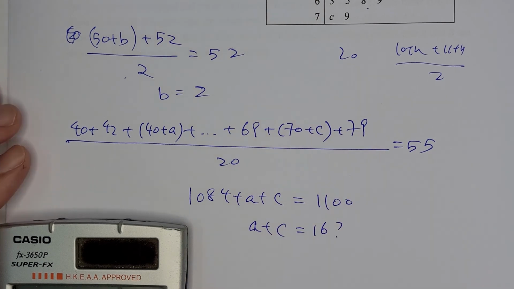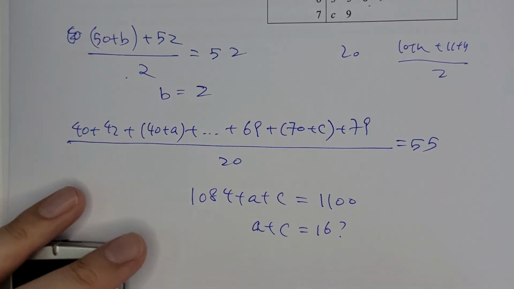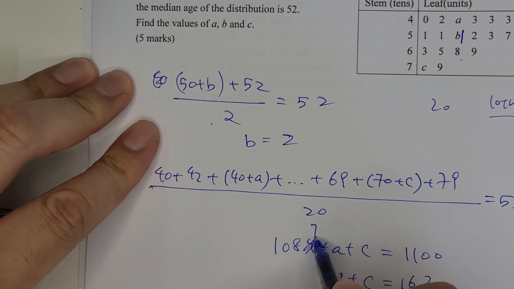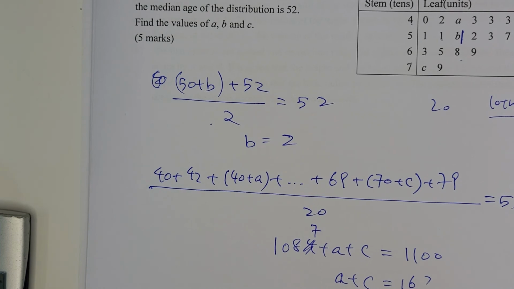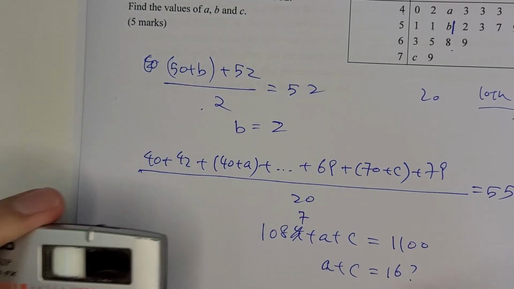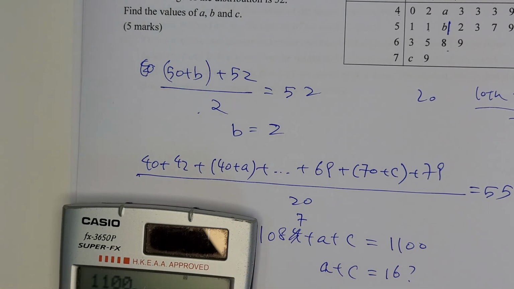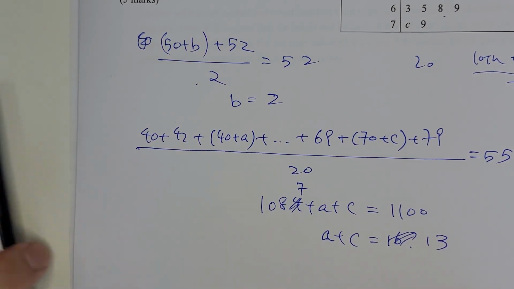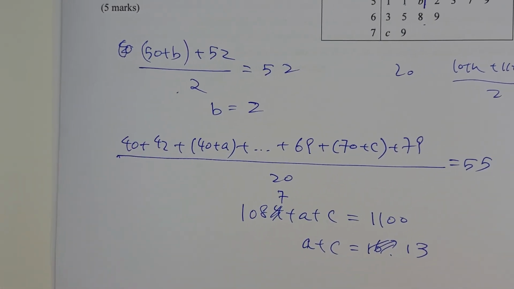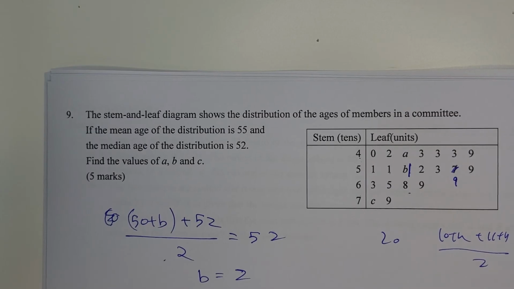Oh, something is wrong. Okay, maybe I need to check the work again. Okay, it should be 1087. Sorry. Okay. So after doing the subtraction, 1100 minus 1087, you will get A plus C equals 13. Okay, so let's see whether it is possible.